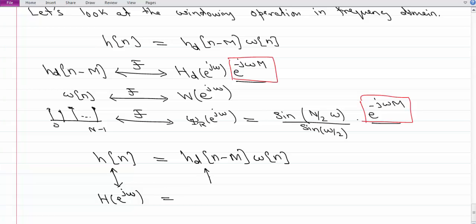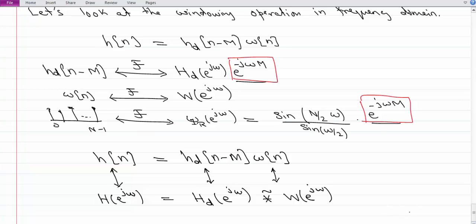So how do I write this as a function of the Fourier transform of my time domain signal? In the frequency domain, that is equivalent to taking the Fourier transform of this signal and doing a periodic convolution of that with the Fourier transform of w(n). I'm being sloppy here because I'm ignoring the phase factors.